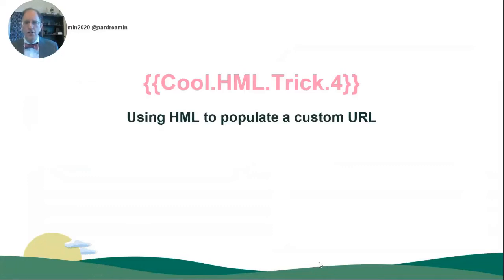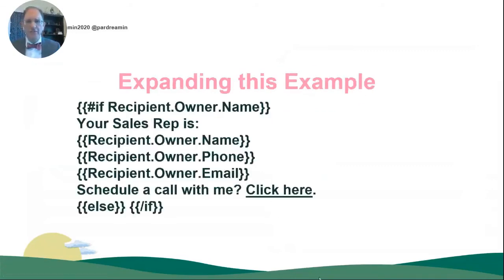So here's trick number 4, and that's using HML to populate a custom URL. So here's an example that we had before with if the person was assigned or not. Maybe you have some kind of a Calendly connection here, and you want to put in a link for them to schedule a call.